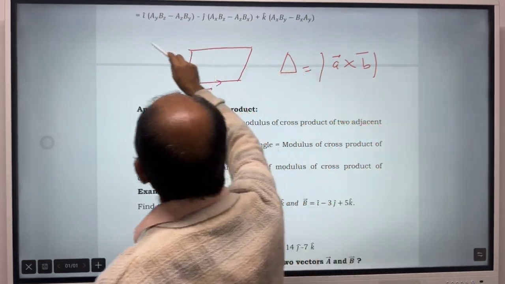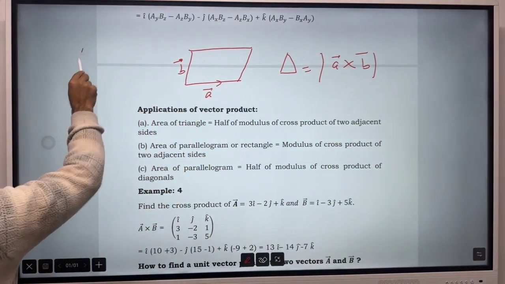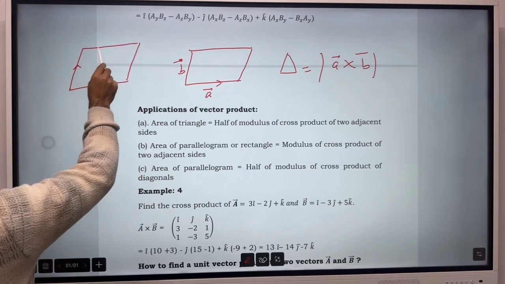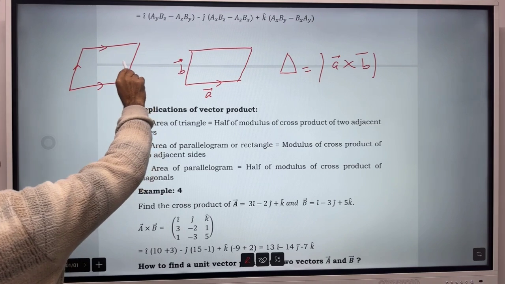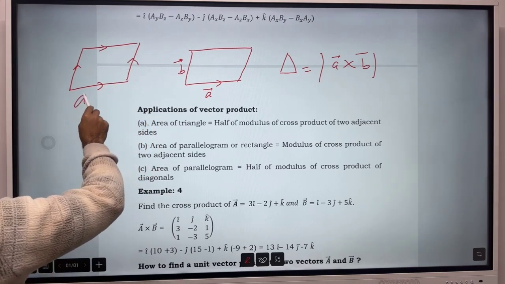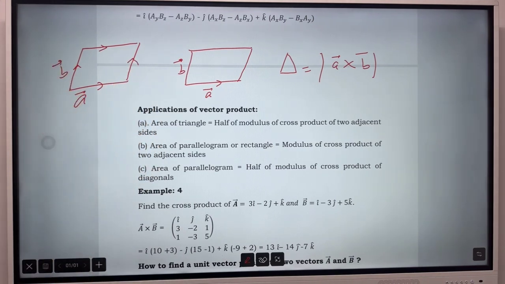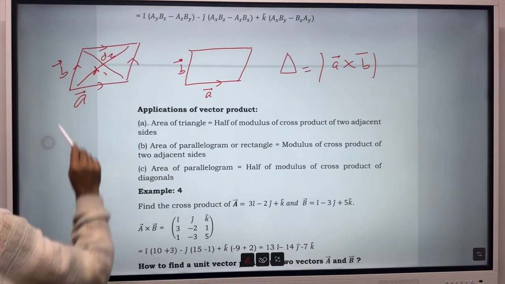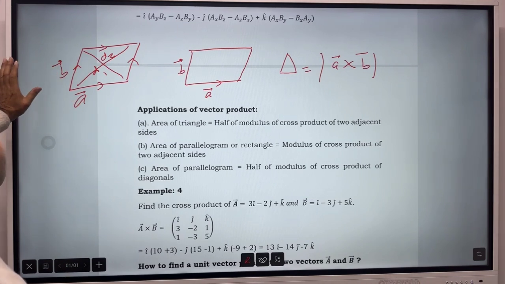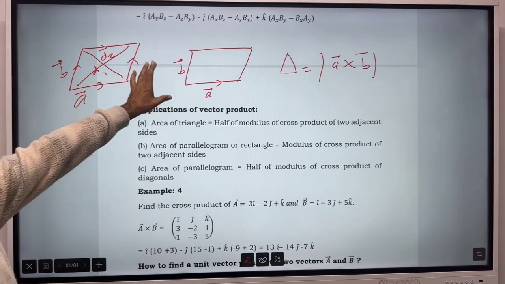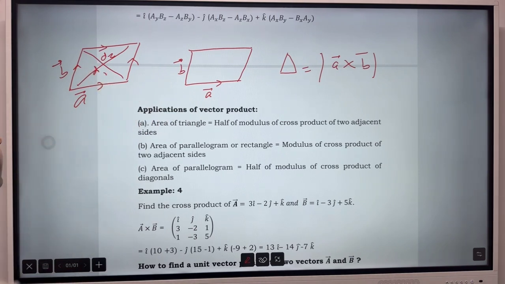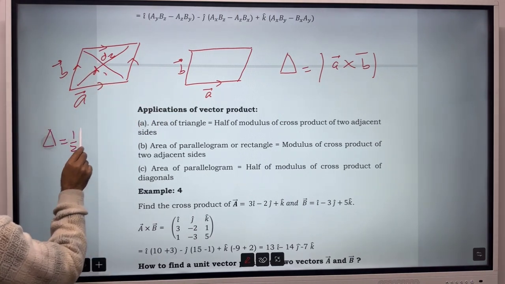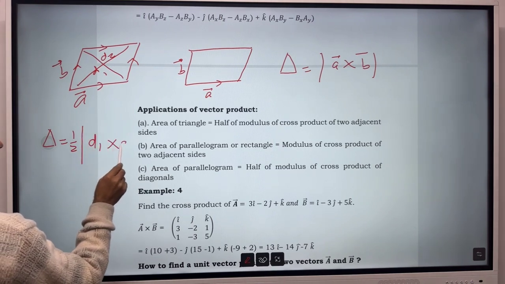Now, another situation is when you are given a parallelogram in which this side is A, this side is B, and its diagonals are also given. Suppose this is D1 and this is D2. If we don't want to use the cross product of sides, then we write area equal to 1 by 2 cross product of its diagonals.